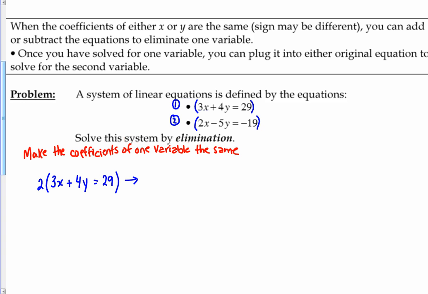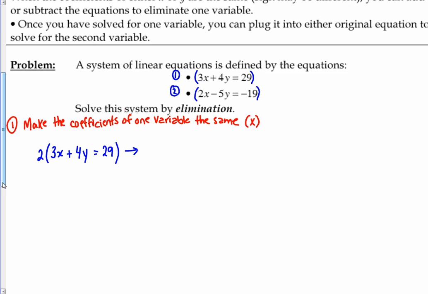So in this case, we're going to make x the same. If I multiply that whole equation by 2, what does it become? 6x plus 8y equals 58. Good. What will we multiply the second equation by if I want to make the x equal to 6?